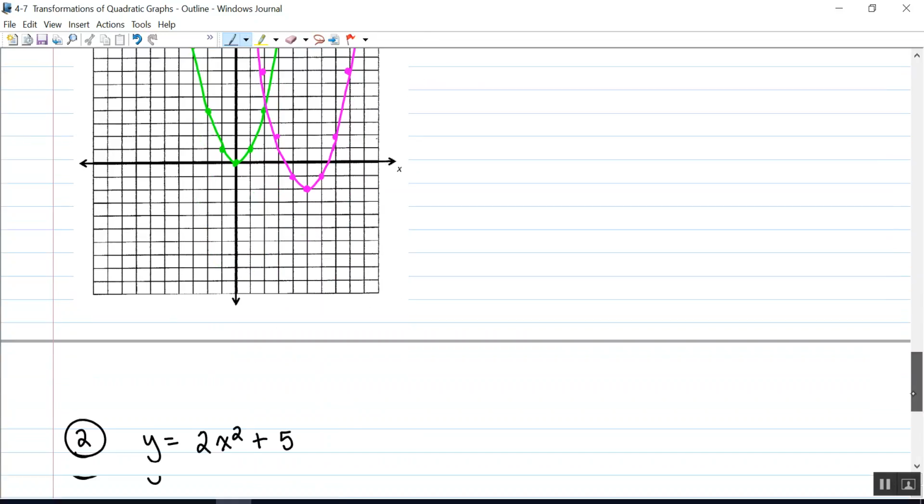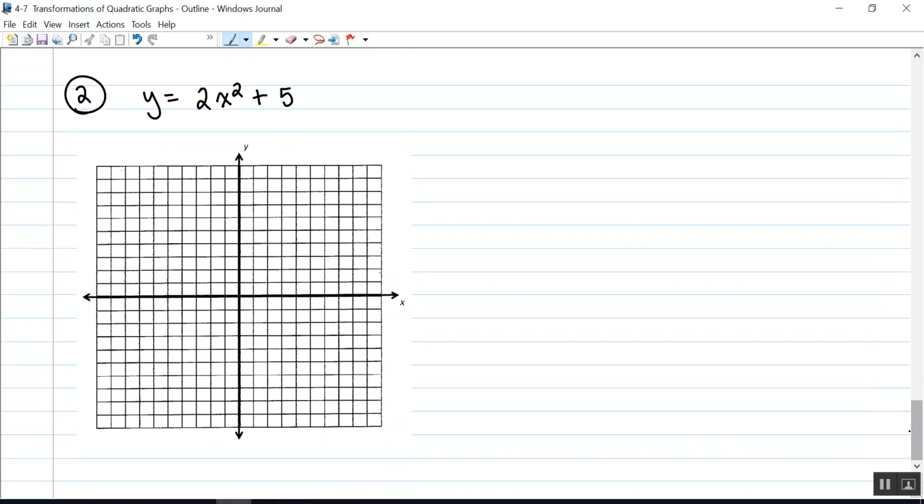And let's take a look at our last example here. y equals 2x squared plus 5. This is not written in vertex form, but I think we can go ahead and write this in vertex form. You'll notice that this does not have a linear term. There's no plain old x in this equation. So I would take the 2 out of the parentheses, and that would just give me x minus 0 squared plus 5.